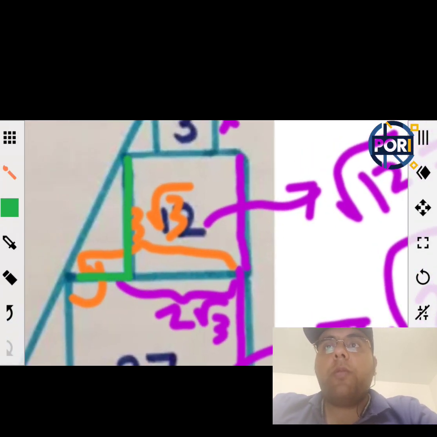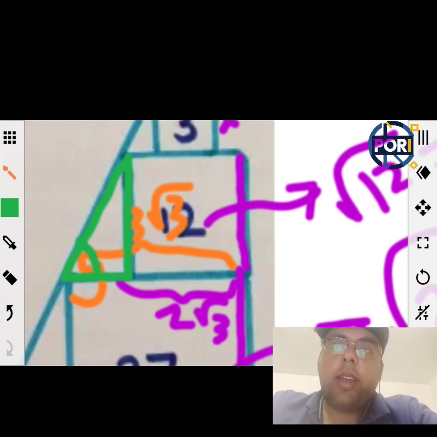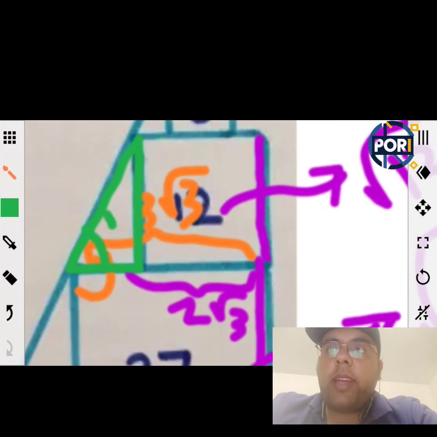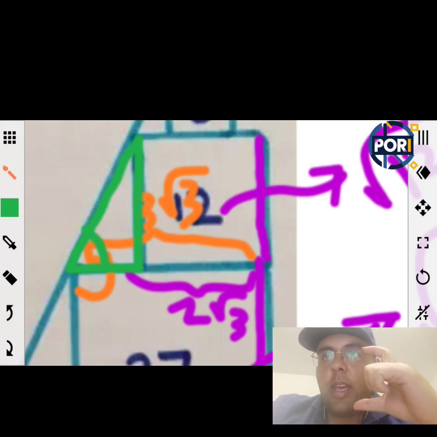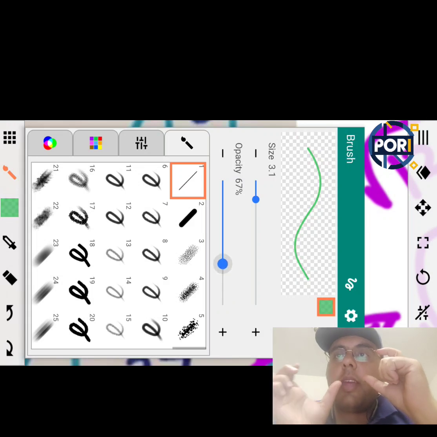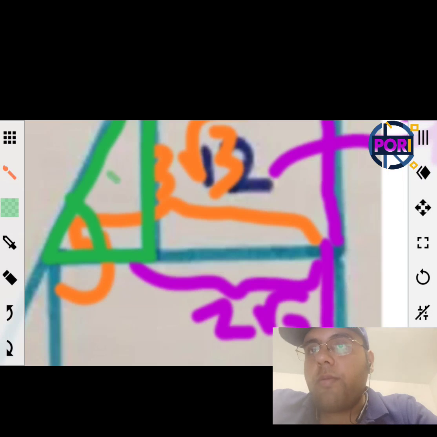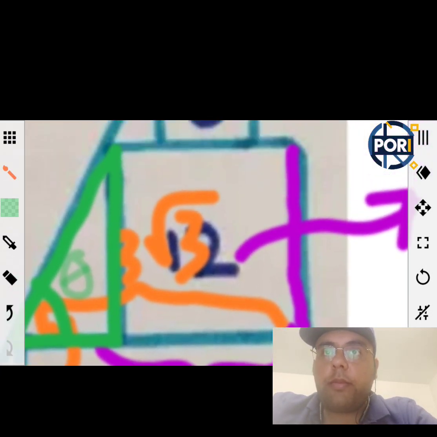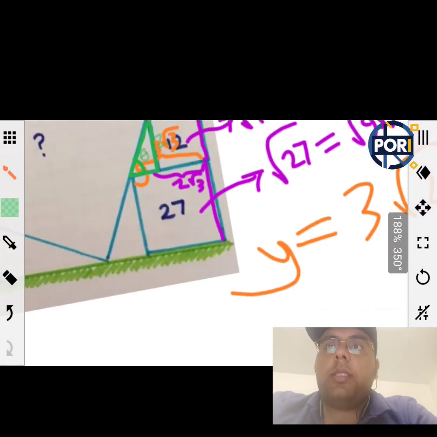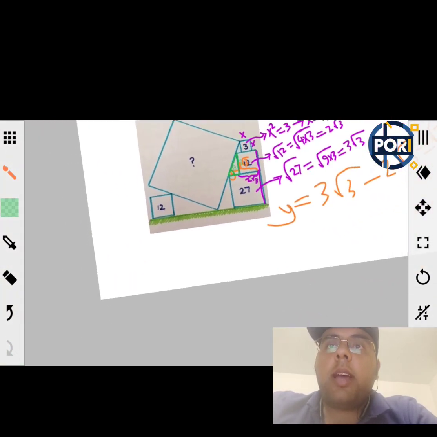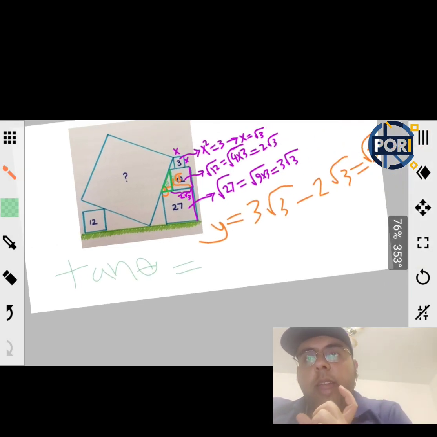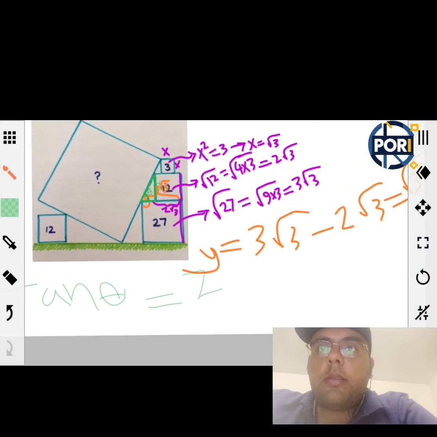Now let's focus our attention on the green triangle. In this triangle, the opposite side measures 2 times the square root of 3, and the adjacent side measures 3 times the square root of 3. If we label this angle as theta, the tangent of theta is the opposite side divided by the adjacent side.